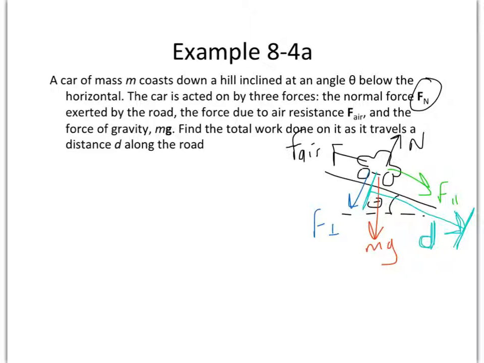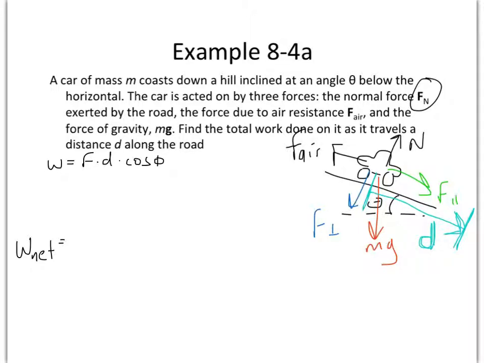So if we want to find the net work, or the sum of all the work that is done here, what do we have to do? Well, we have to add them up using our description of work. In any case, work equals force times distance times the cosine of the angle between them. So we can say the net work equals what? This is going to be kind of long, and hopefully I don't run out of space.